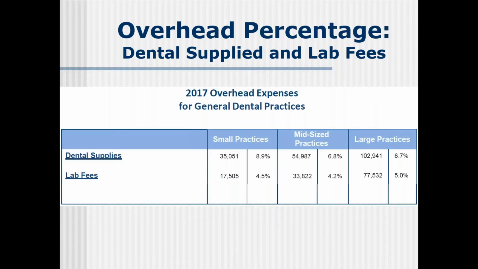But over the whole range of practices, besides the fact that the supplies seem a little bit higher for smaller practices, they're really pretty similar between each of the practices. 6.8, 6.7% for dental supplies, and 4 to 5% for lab fees.